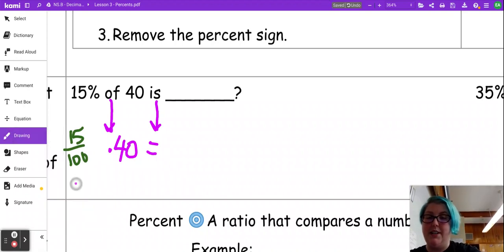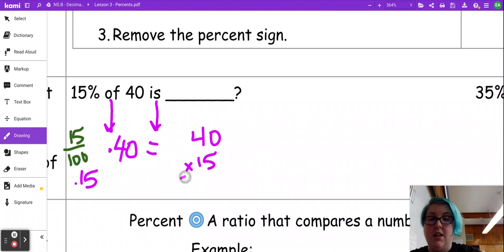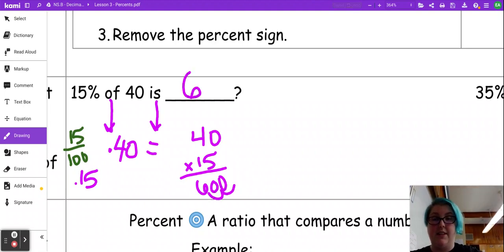We're going to turn it into a decimal, 0.15 times 40. Now, you can absolutely punch that into your calculator. You can also do your 40 times 15, and that will give you 600. You add that decimal back, the answer is 6.